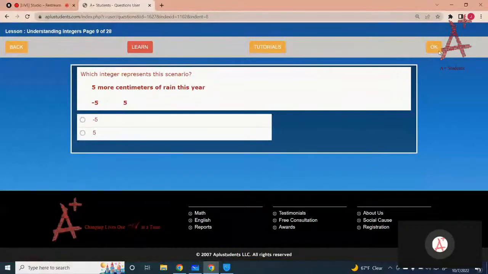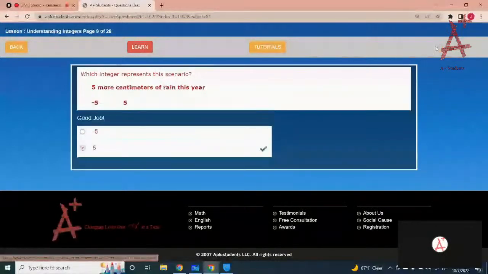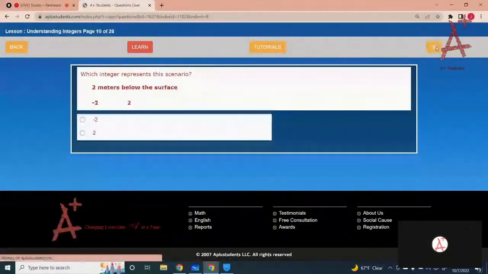Five more centimeters of rain this year would be a positive. 2 meter below the surface. So 2 meter below it is a negative number, -2.